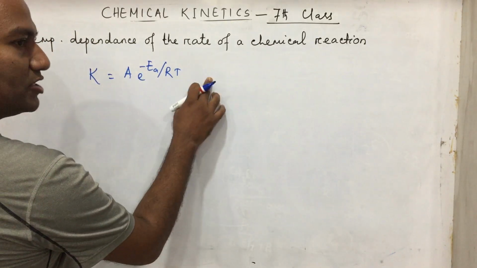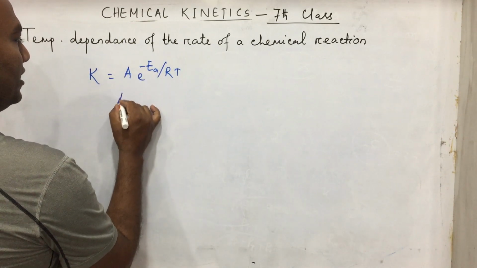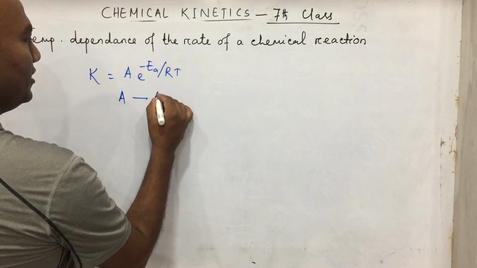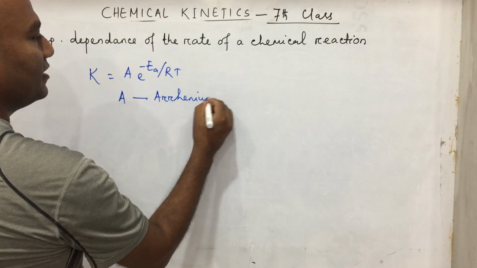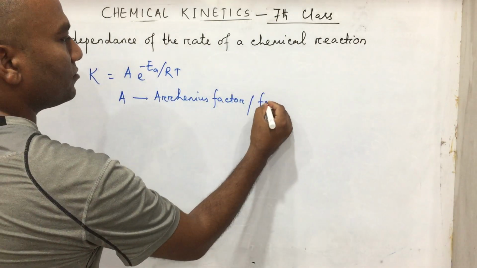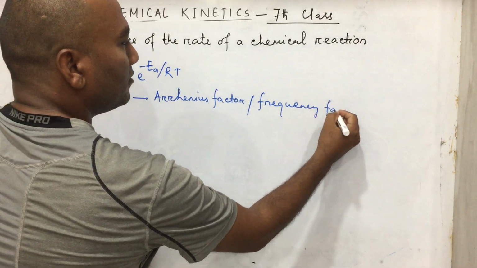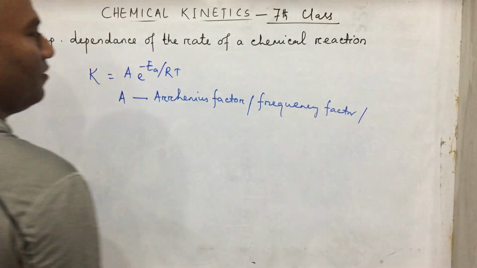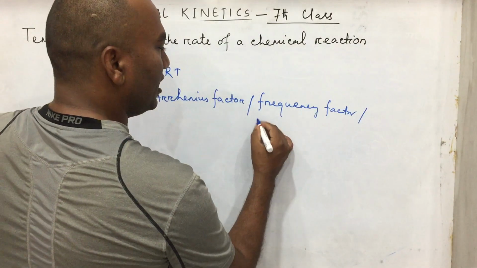Here T is the temperature, R is the gas constant, k is the rate constant, and A is the Arrhenius factor, also known as the frequency factor or the pre-exponential factor.